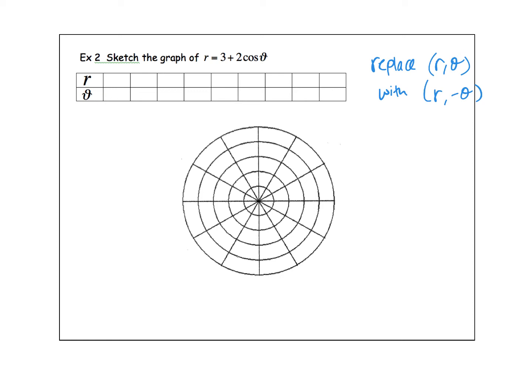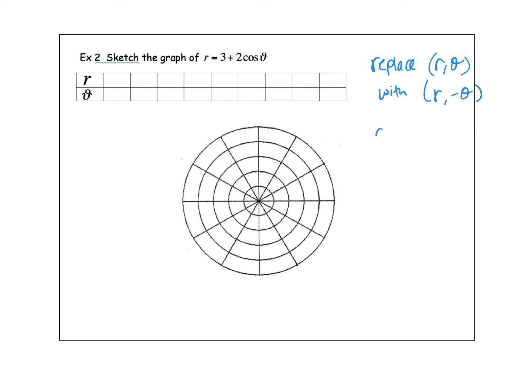If I think about any theta that's positive and I plug it into my cosine, and then do that same exact theta that's negative and plug it into my cosine, I'll have the same result because the first quadrant and the fourth quadrant are the same. Cosine is the x value, so the x's in the first and the fourth are going to be positive.